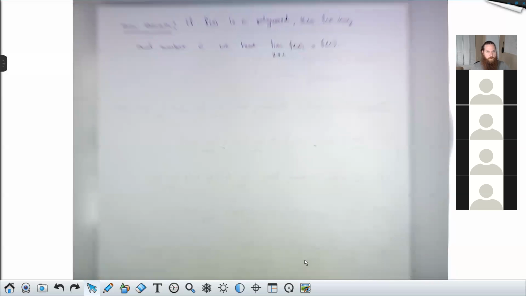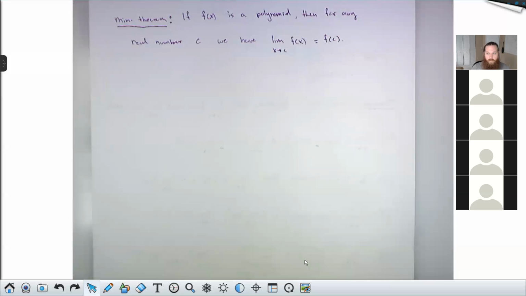In other words, you can calculate limits of polynomials just by plugging in the number where you're trying to take the limit.